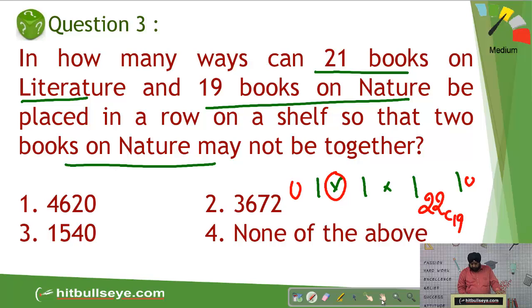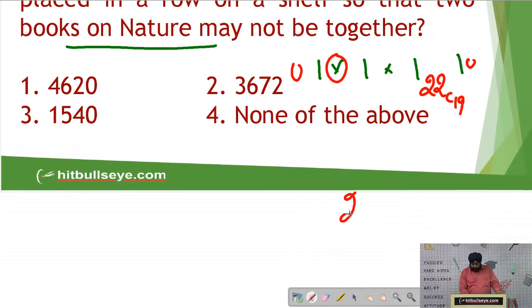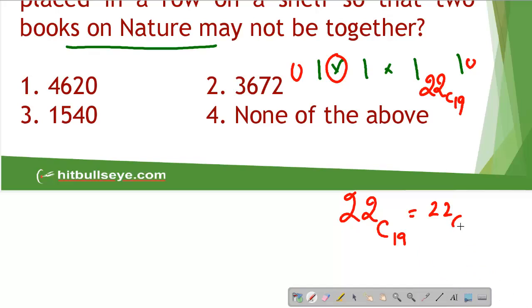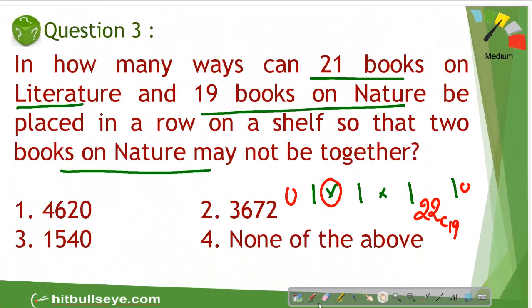So you can solve it as 22C3, since 22C3 or 22C19 is one and the same value. 22C3 will be (22 into 21 into 20) divided by (3 into 2 into 1). 3 sevens are 21, 2 tens are 20, so 22 into 7 into 10, that is 154 into 10, so 1540 is the answer. So this is one of the very important types of permutation and combination.